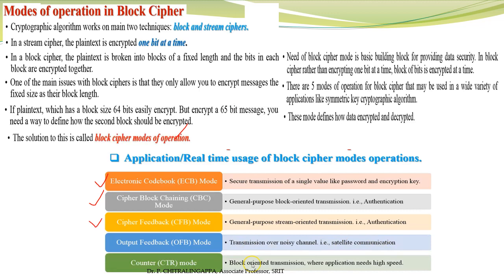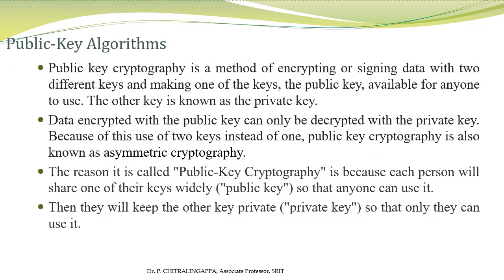And cipher feedback mode, which is stream oriented, whereas the earlier one is block oriented, also used for authentication. And output feedback mode, for transmission over noisy channels such as satellite communication. And counter mode, for block oriented transmission where the application needs high speed. These are some of the modes.